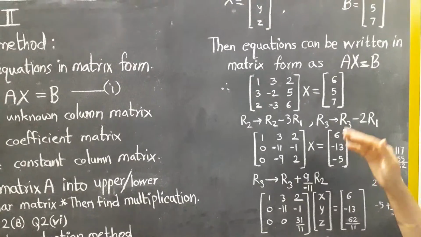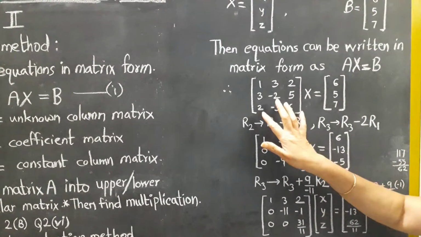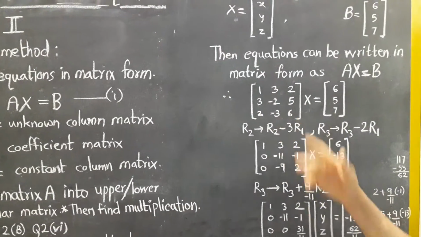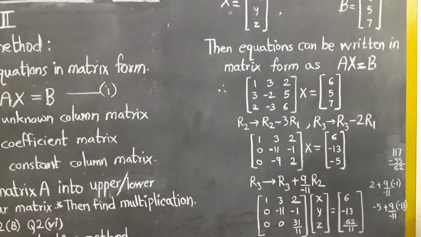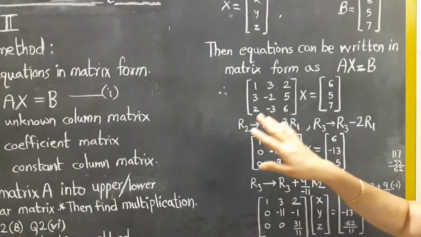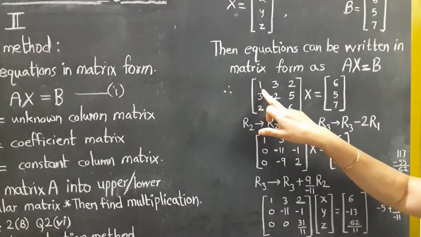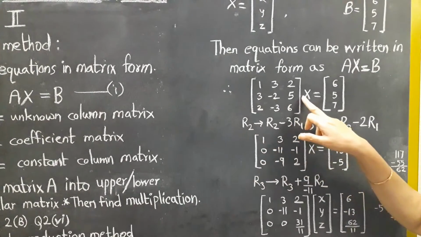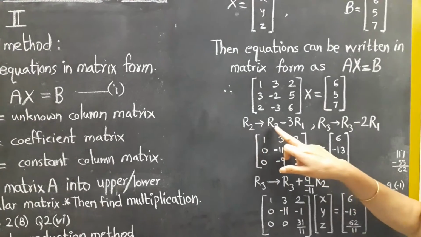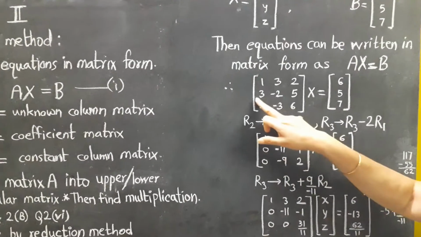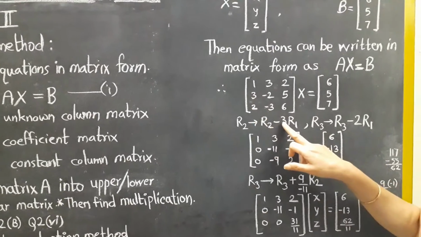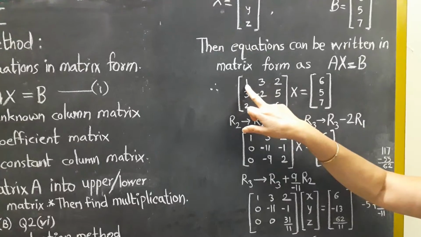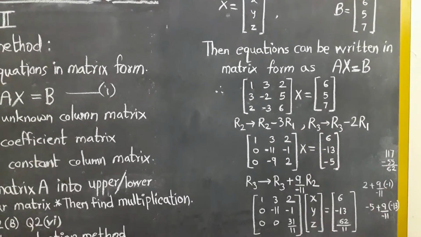Now what we are going to do is, for the first column, of course, we have to complete the first column first, and the trick is the same: we have to convert this number into 0. So the row we are changing is R2, which changes to R2 minus 3 times R1, since 1 was already there in row 1.